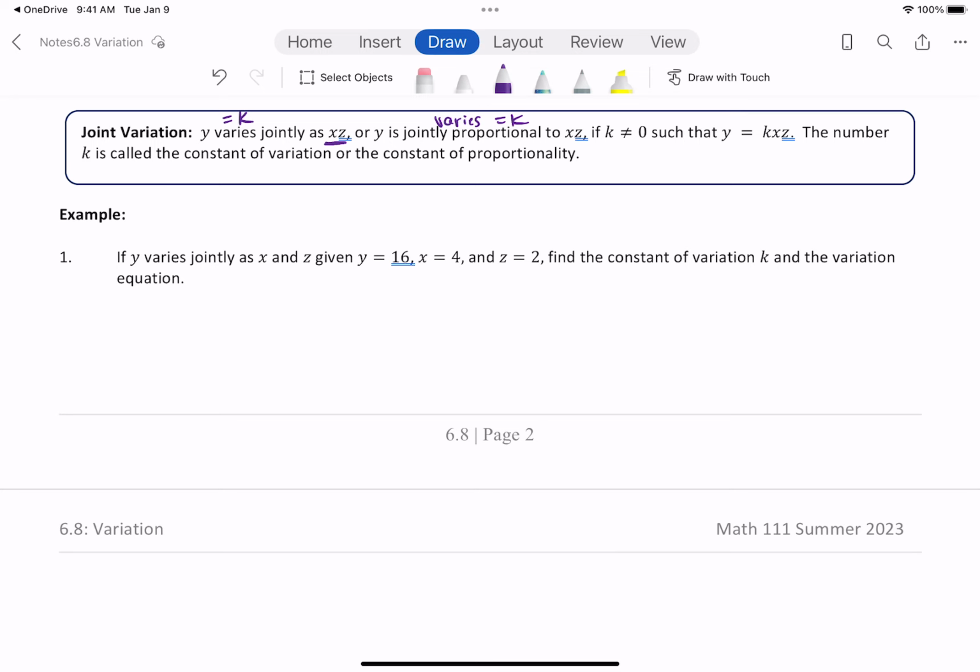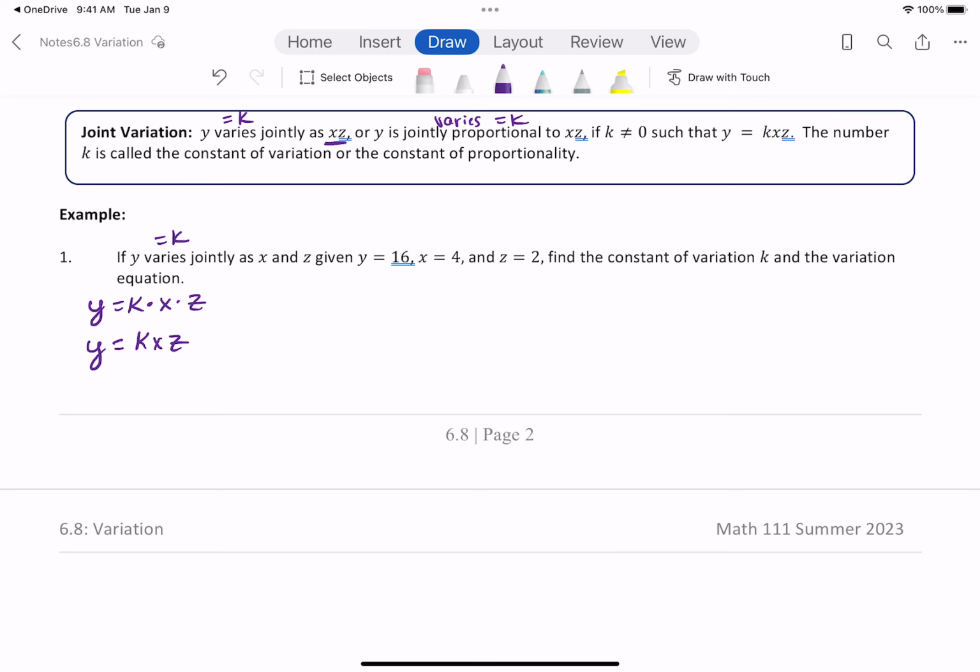So this first one, it says y varies. So y equals k. Jointly means it's going to multiply as x and z. So you don't have to write the multiplication signs. It's going to be y equals kxz.